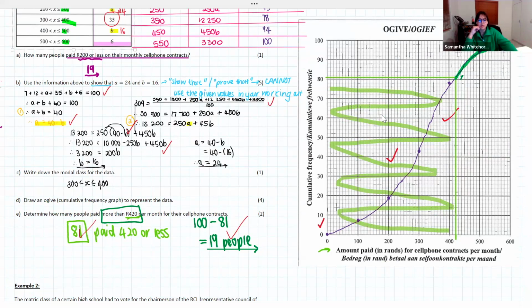And then let's have a look at example 2. Okay, so guys, generally in your paper 2, you've got 2 questions on stats. It's question 1 and question 2. Generally, you're going to have grade 11 level stats, ogives, mean, median, nice, easy stuff.